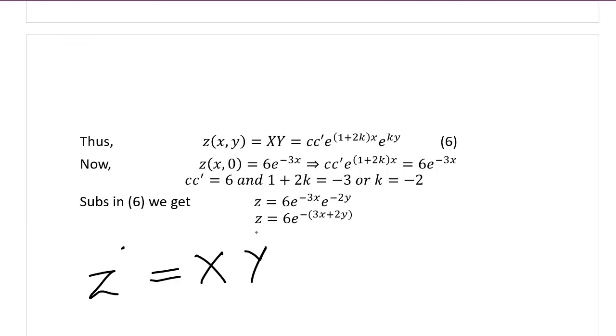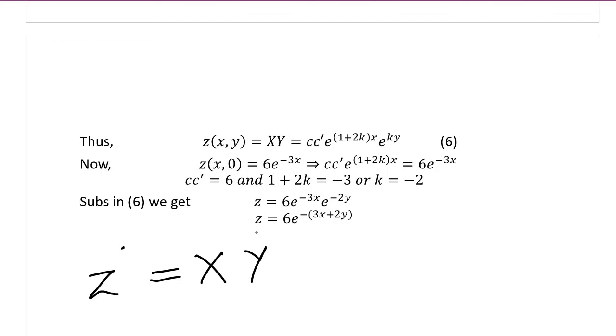Now we are given the boundary condition z(x, 0) = 6e^(−3x). In this we have to substitute y = 0. When I substitute y = 0, we get c' e^((1 + 2k)x) times e^0, which is 1, equal to 6e^(−3x).